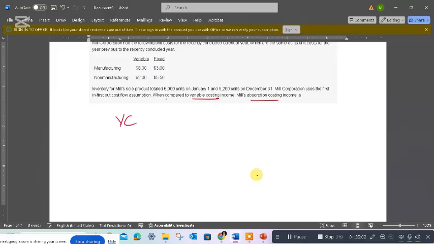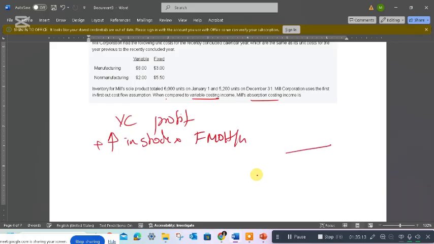How do we do it? VC profit plus increase in stock multiplied by fixed manufacturing overhead per unit. At the end of this, you get absorption costing profit. Look at the stock details. 6,000 at the beginning, 5,200 at the end. 6,000 to 5,200 is minus 800. Stock levels have gone down.